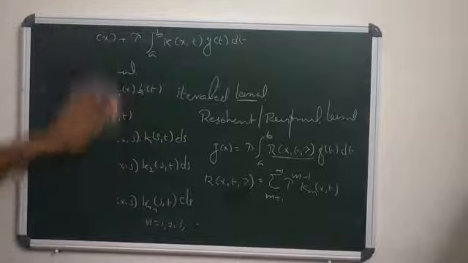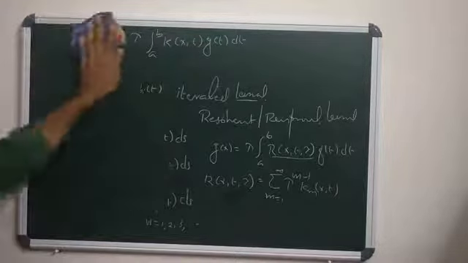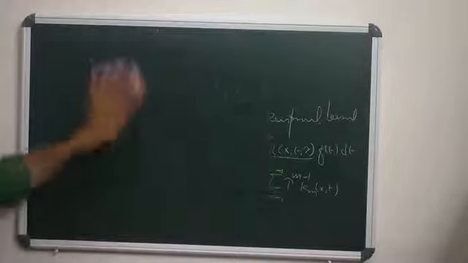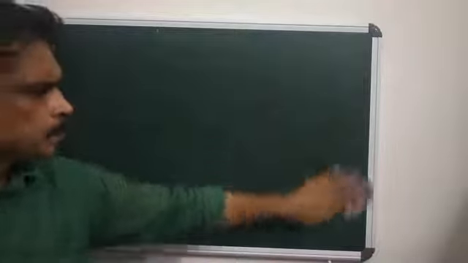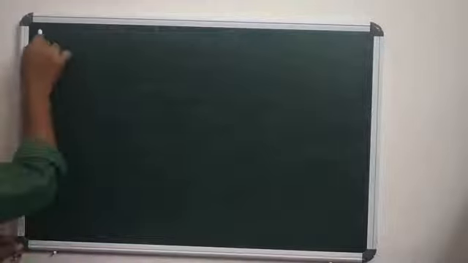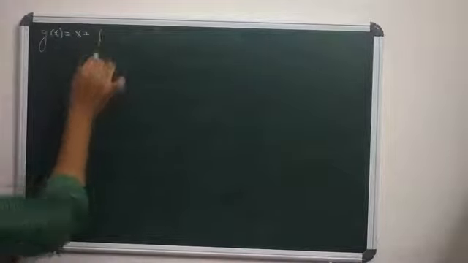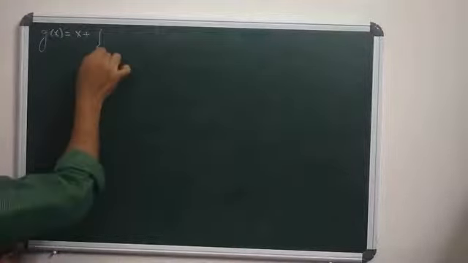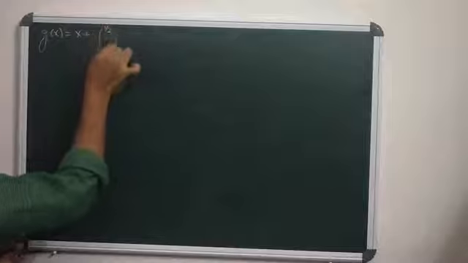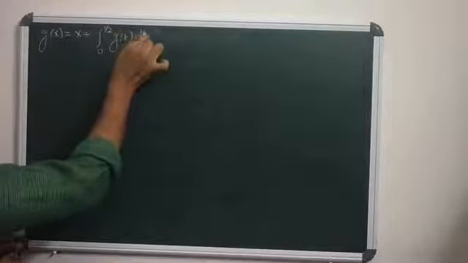So for that, consider an integral equation: g of x equals x plus integral 0 to 1/2 g of t dt.